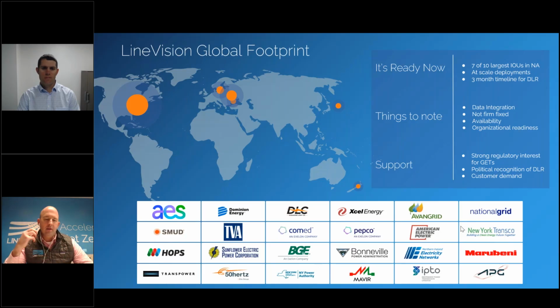But the last point, like anything that you do differently, there is some degree of organizational change that occurs. And I remember when I first joined LineVision years ago, I thought that the control room and the operators might be a little bit challenged around this, and they might reject it because it's changing how they did something for a lot of years.